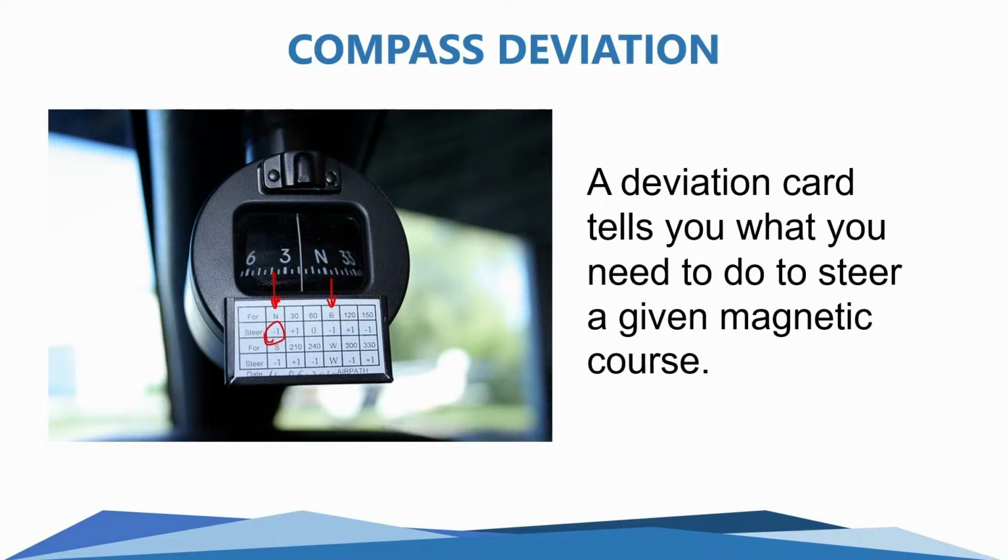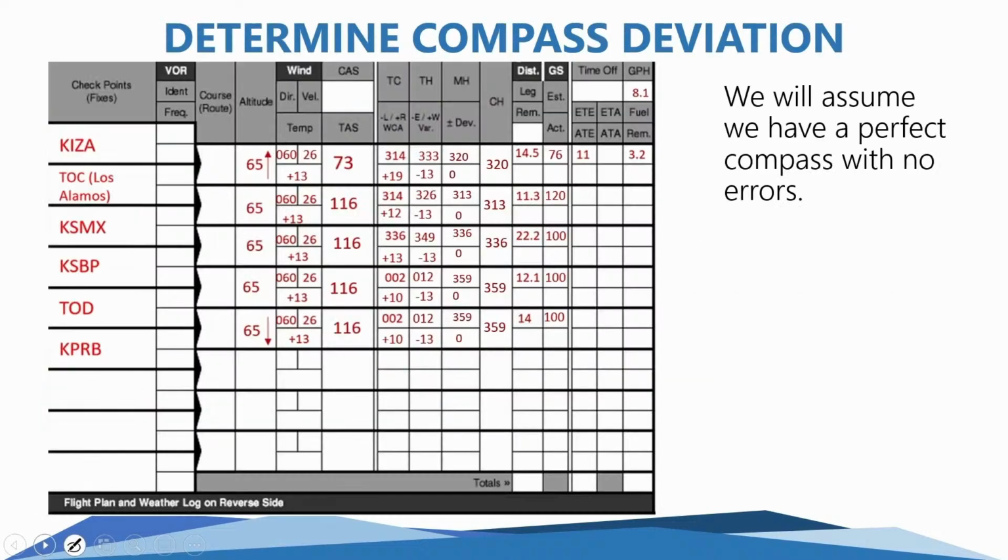Every airplane has different values, and just for simplicity's sake, for the purpose of this class, we are going to assume that we have a perfect compass, meaning that there is no deviation in it. A lot of flight schools will do this because every time we do it, it takes forever to look at the values and compensate for them.